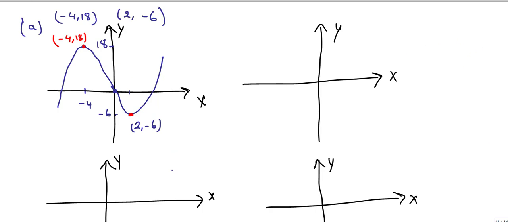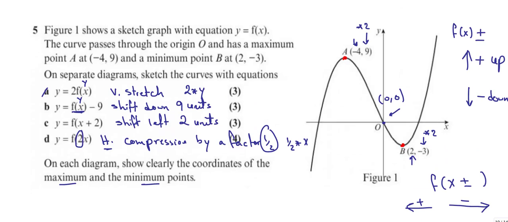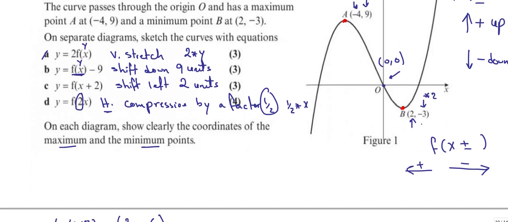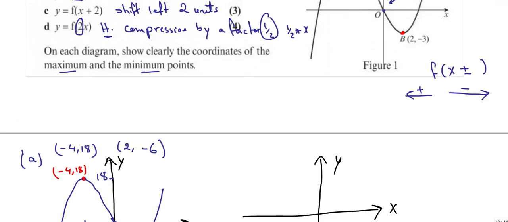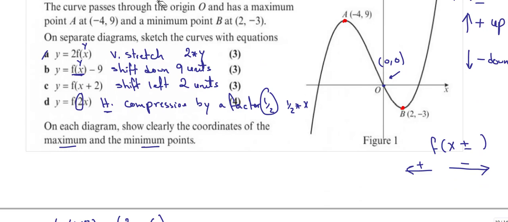For the next one, shift down 9 units. Shift down 9 units so we minus 9 from the y coordinate. So we go to the point with 9 and minus 9. Our 2 points are -4 and 9, and the other is 2 and -3. So here I'm going to minus 9 and I'm going to minus 9.